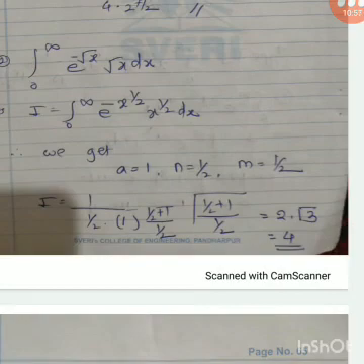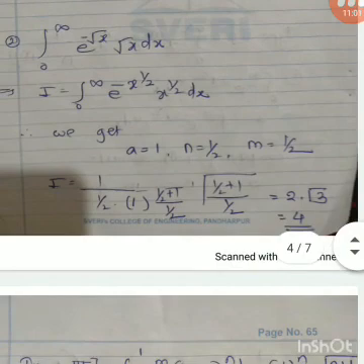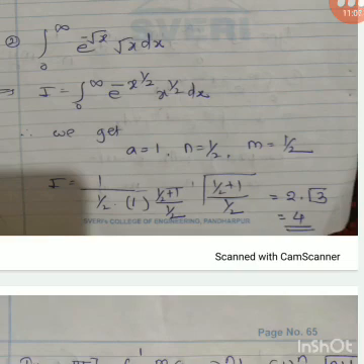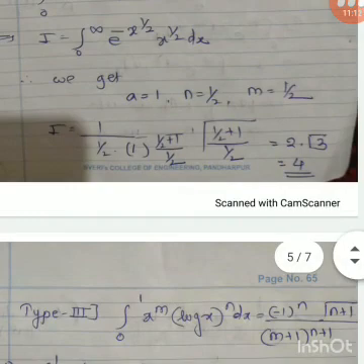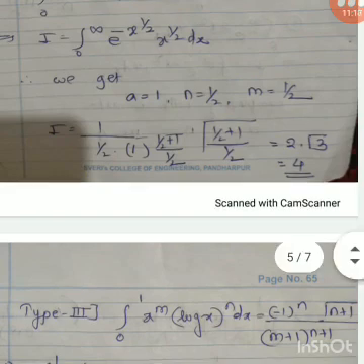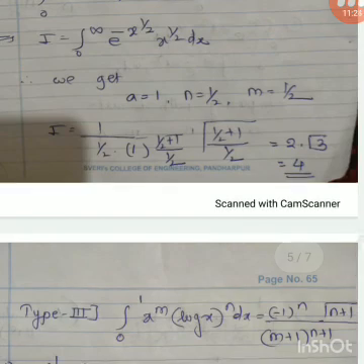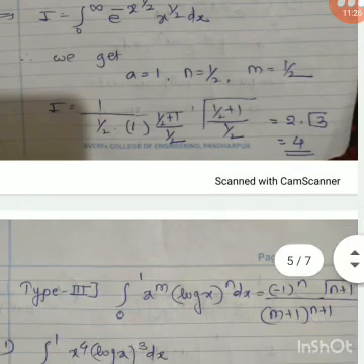Similarly, consider one more example: the integral from 0 to infinity of e raised to minus root x into root x dx. Let I be equal to it; we get a is equal to 1, n is equal to half, and m is equal to half. Again, it is the case of type 2 because there are two terms, e raised to something and a single x. Again, comparison: first, a is the coefficient of x in the exponential, n is the power of that x, which is half, and m is equal to the power of the single x, that is half.